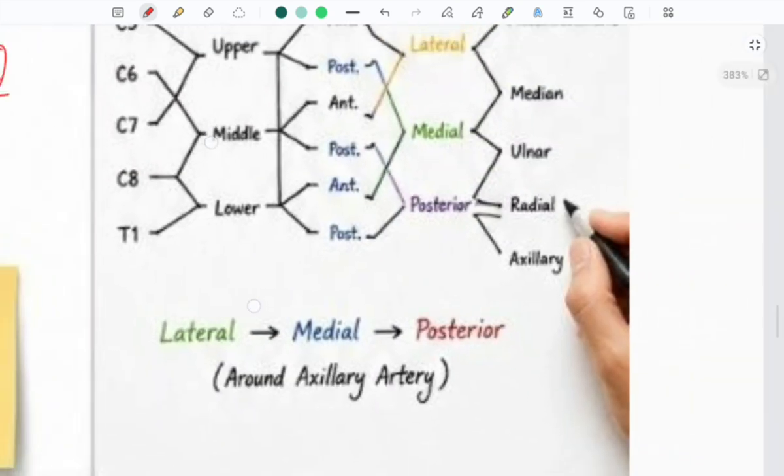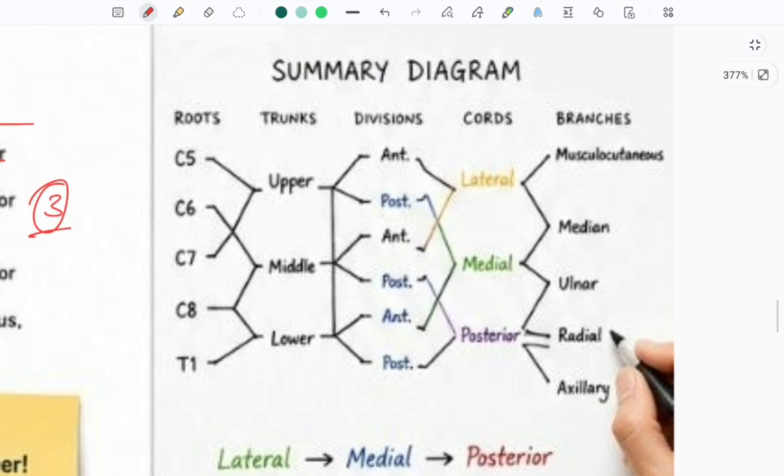So this is the simplified diagram. These are the roots, and these are the trunks, upper, middle and lower, and the divisions. Each has anterior and posterior divisions.